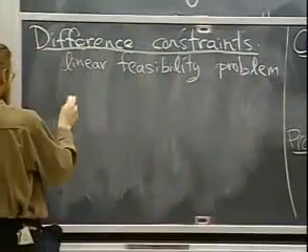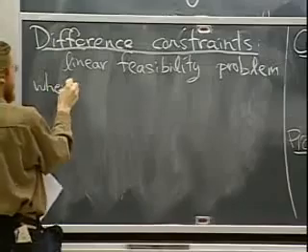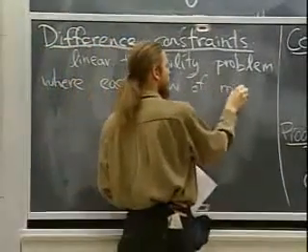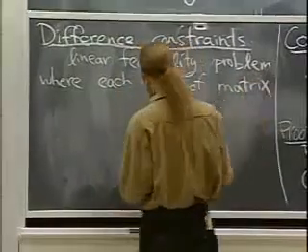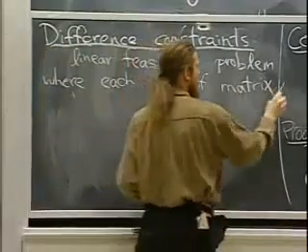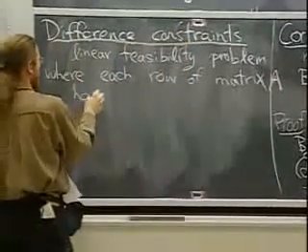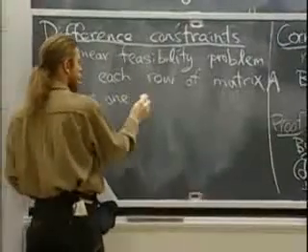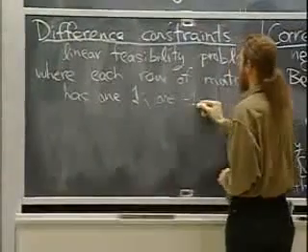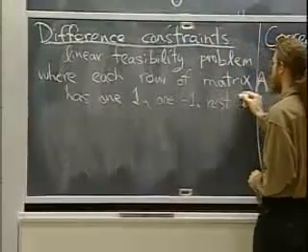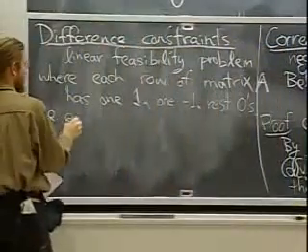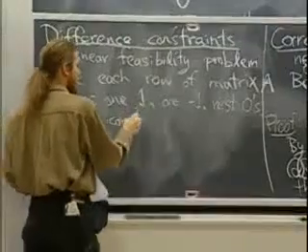And it's with a restriction, where each row of the matrix A has 1, and it has minus 1, and everything else in the row is 0. Okay, in other words, each constraint has this very simple form.